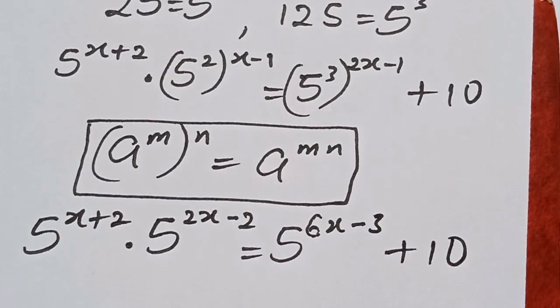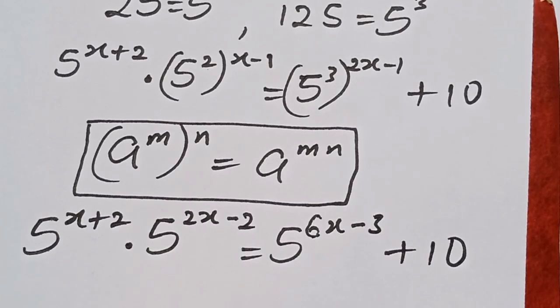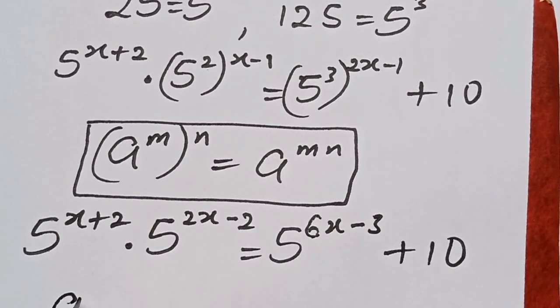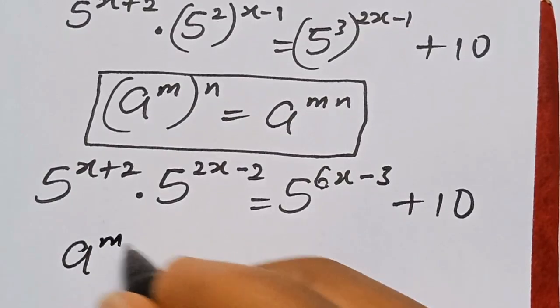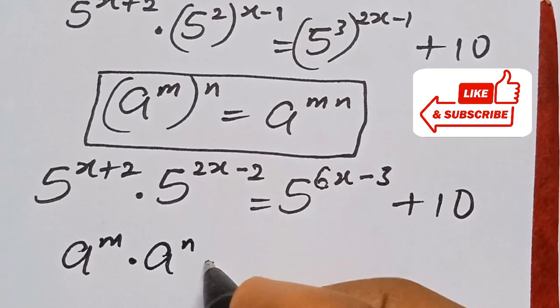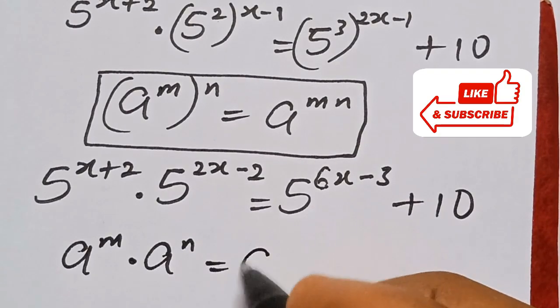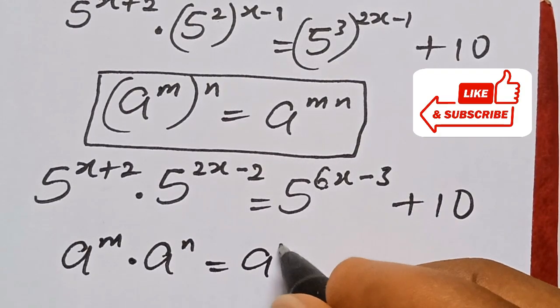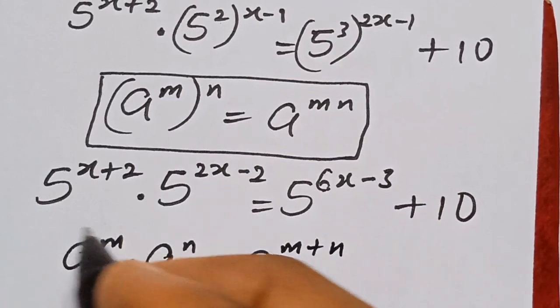So from here, the next thing to do is to combine the expression at the left hand side. So to do that, we also consider another identity of this nature, base a power m multiplied by base a power n, to be given as base a power m plus n.